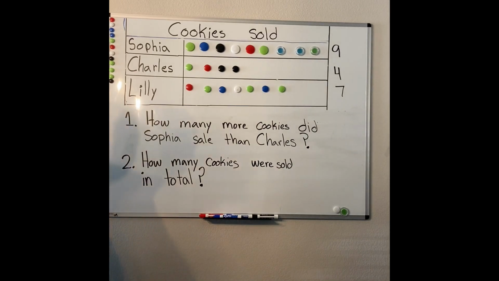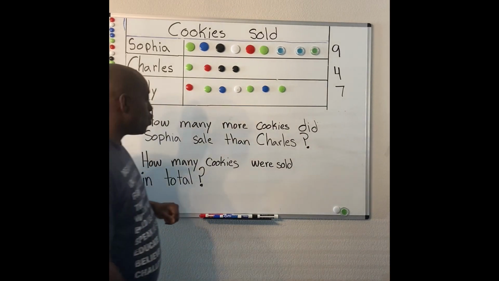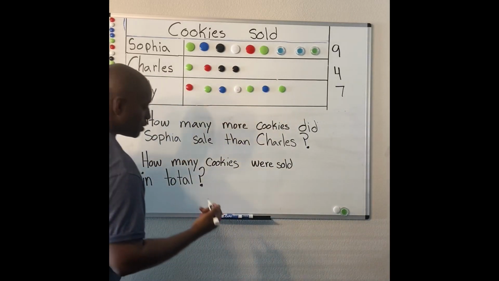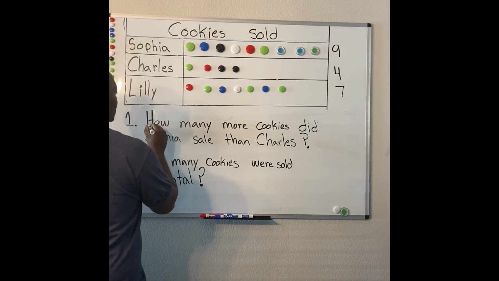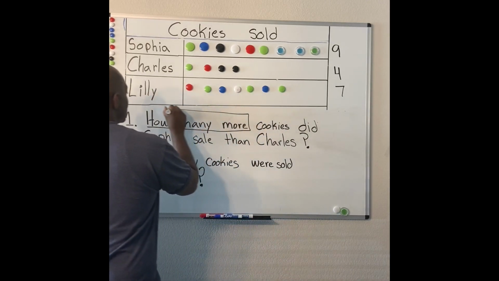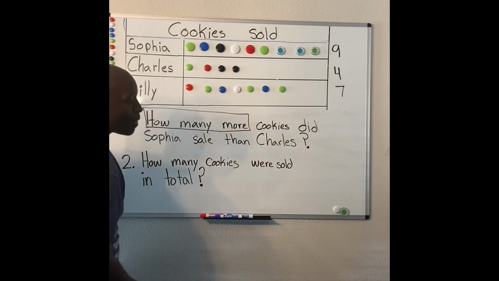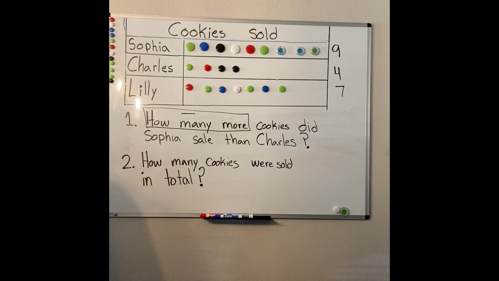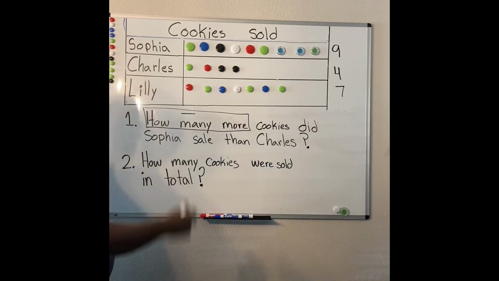And we are back. So the first problem that you had to attack was how many more cookies did Sophia sell than Charles? So the first thing we're going to do, like we normally would, is underline our math vocabulary. How many more? Not 100% of the time, but most of the time that signifies that we're doing subtraction. So what 2 numbers are we dealing with?